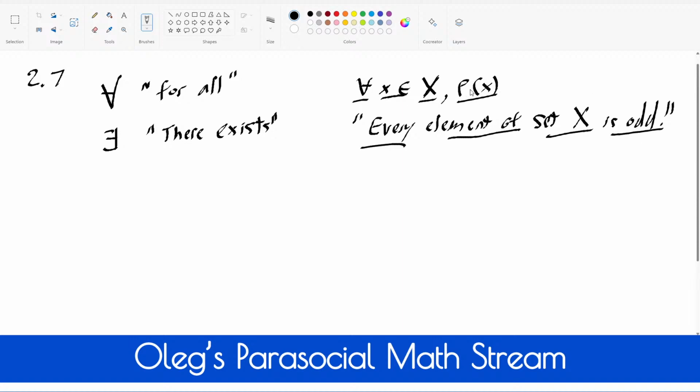Now this part right here, the last part, P of X, we simply made that earlier. We defined this, the P of X. It could have meant anything. It could be they're all even, for example. This was defined earlier saying that, here we go.